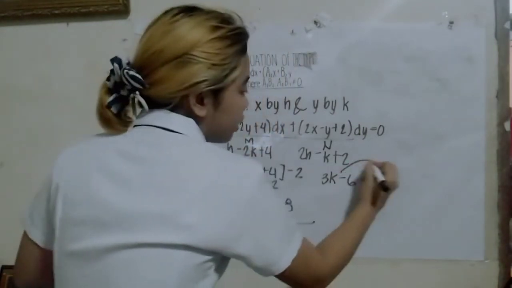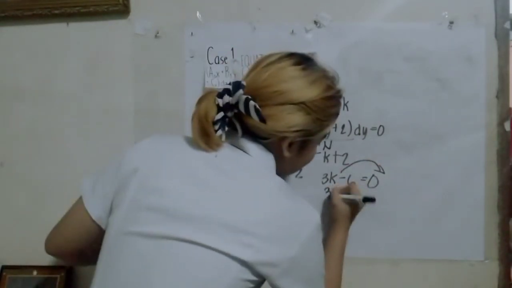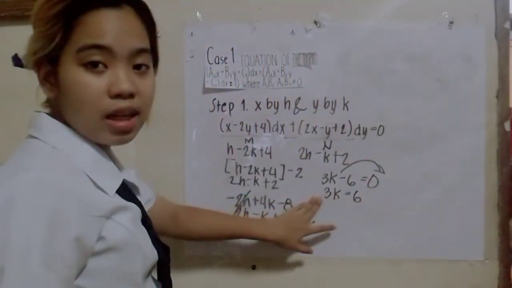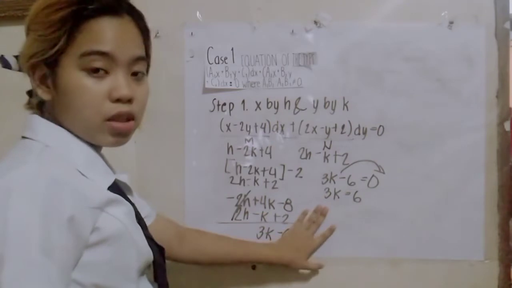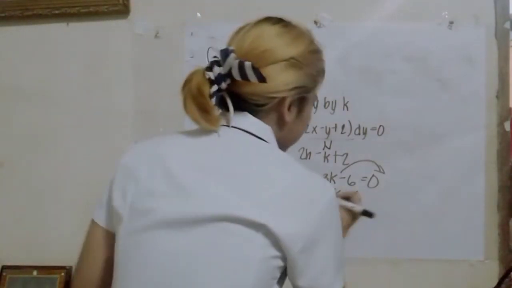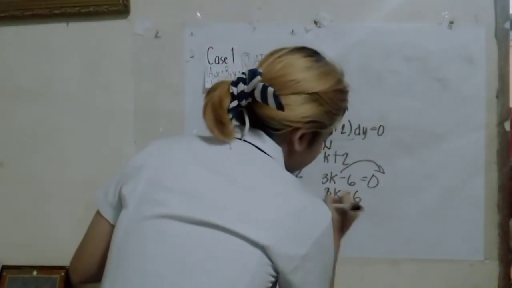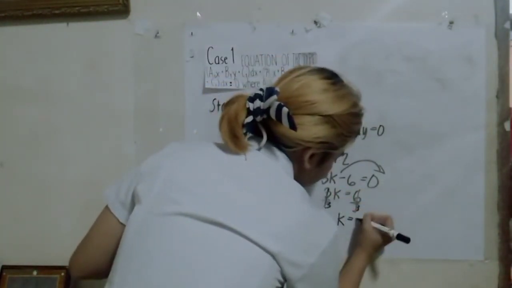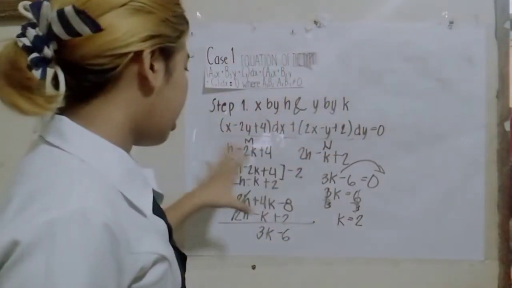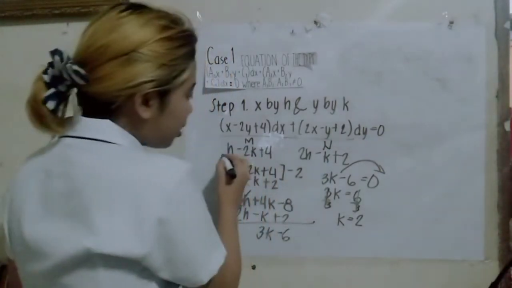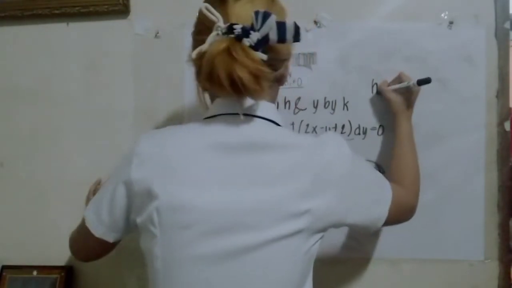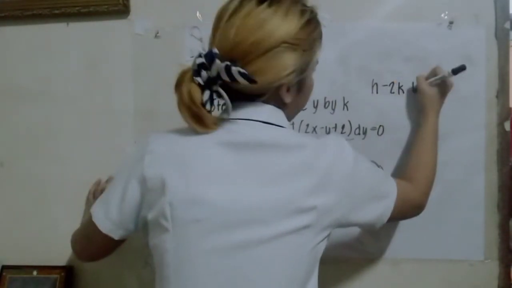I-transpose natin si negative 6. 3k is equals to 6. Paano natin matata-cancel yung 3 dito sa k? I-divide natin sila by 3 kasi yun ang kanilang common factor. K is equals to 2. Ngayon kukunin naman natin yung value ni h. Kokopyahin natin yung equation m: h minus 2k plus 4.